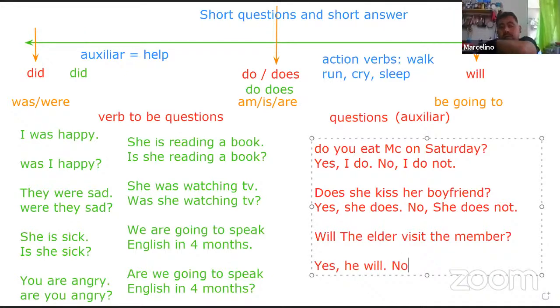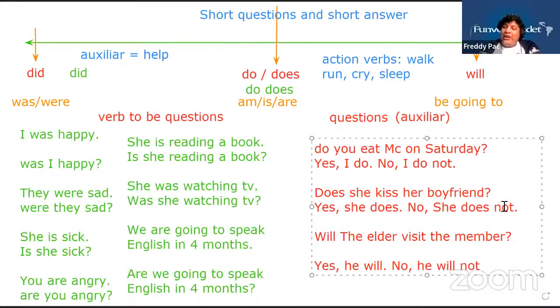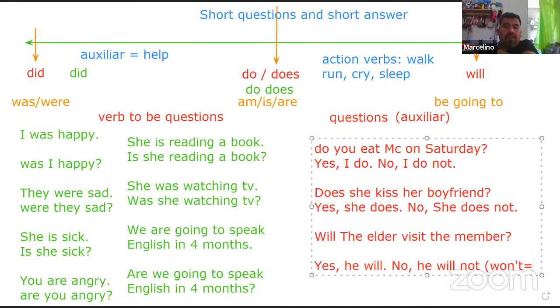No, he will not. And what is the contraction where you use will not? The contraction is won't. Yes, he will, or no, he will not, or no, he won't. Yeah, that is the only thing that you have to do in this.